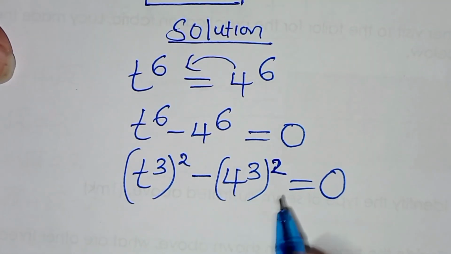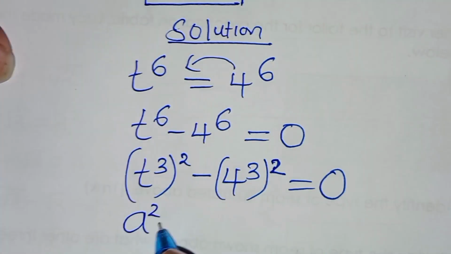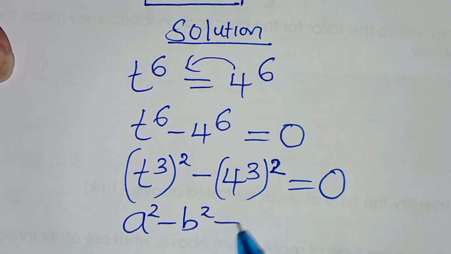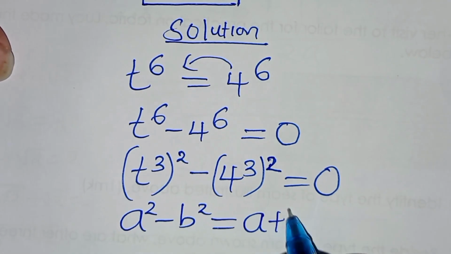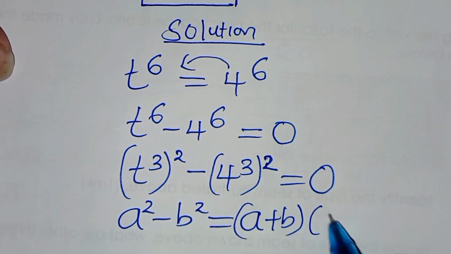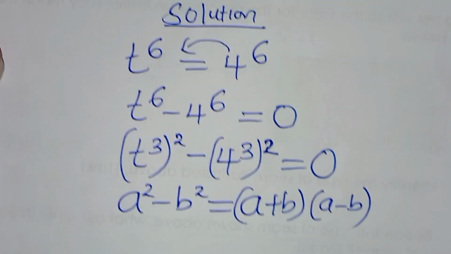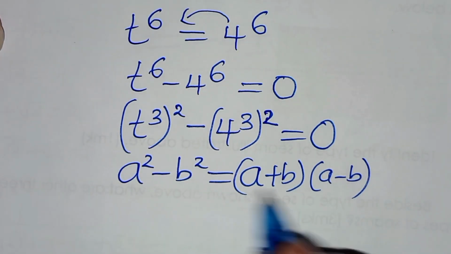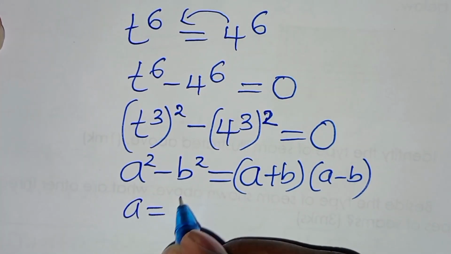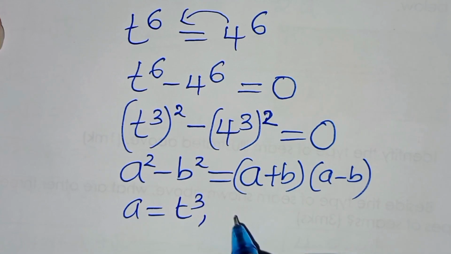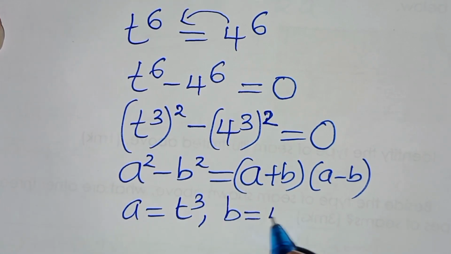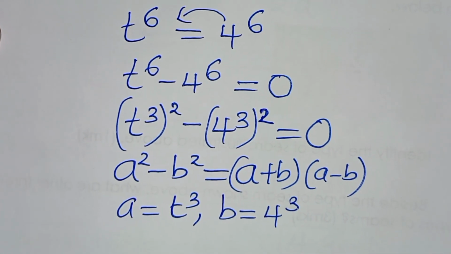This equation is in the form of a squared minus b squared, which we can express as (a plus b)(a minus b). From this, a is equal to t to the power 3, and b is equal to 4 to the power 3.